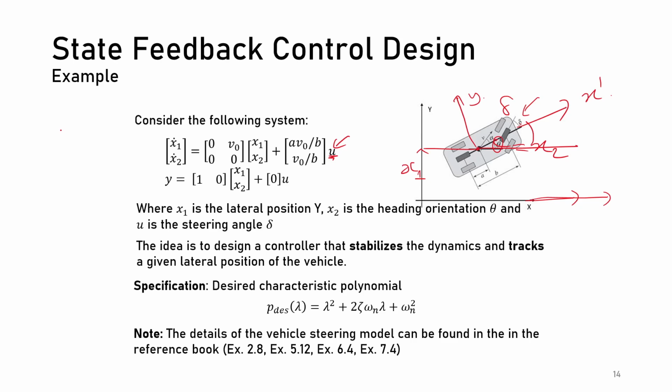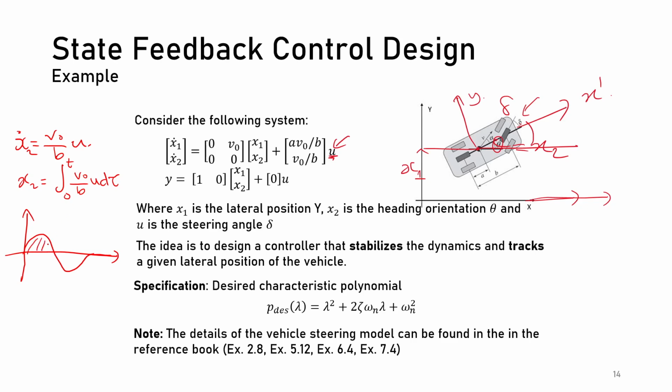Here you can see H2 equals V0 over B times U, which means H2 is the integral from 0 to T of V0 over B U d tau. So if you have U like this, H2 is the area under the curve.